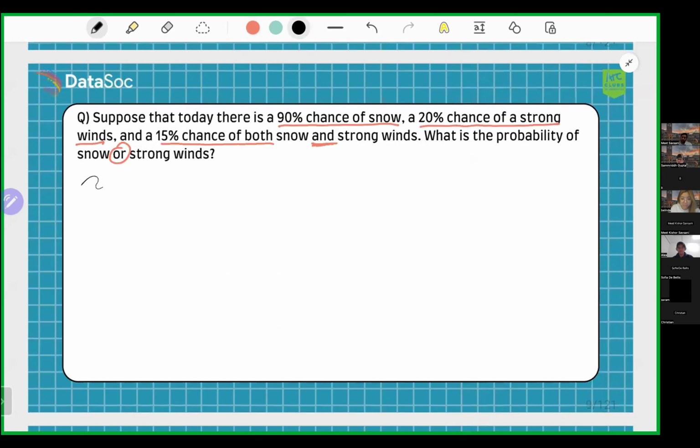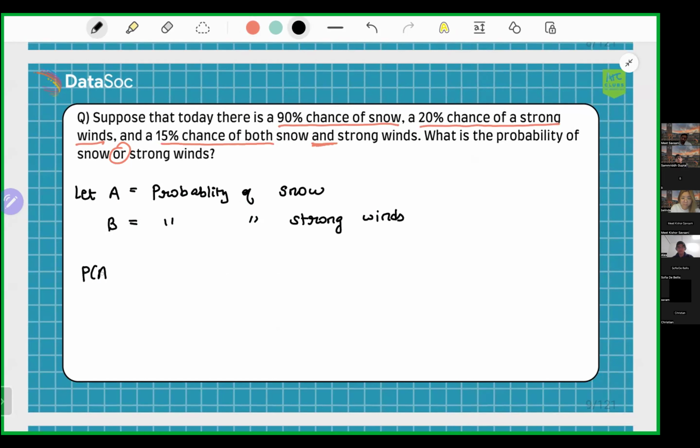First of all, what is my event? Let's define my event. Let A be the event, probability of snow. B be the event, probability of strong winds.